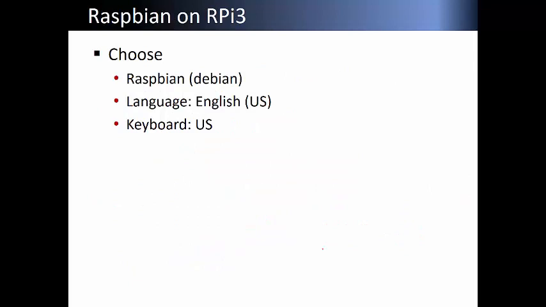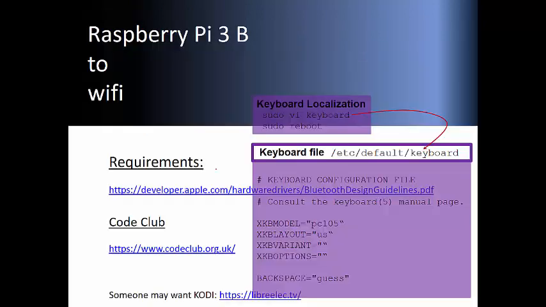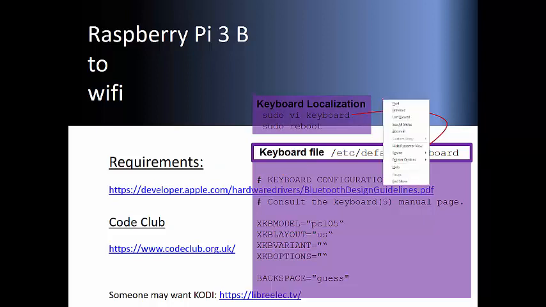Oh, I did it here, right? So English should be chosen, and the keyboard. You can do that in the system. See here? If you go to this location, this is a keyboard file. Open up the keyboard file and change this to US. Okay?